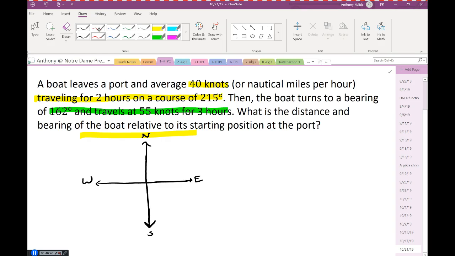How many knots are we going here? 80 knots. Everybody else okay with that? So if we go for a course of 215 degrees, we start at north, and we'll go 90, 180, and then like 35 more.